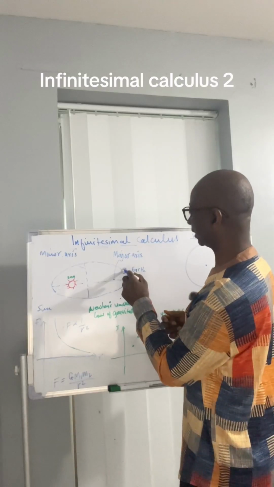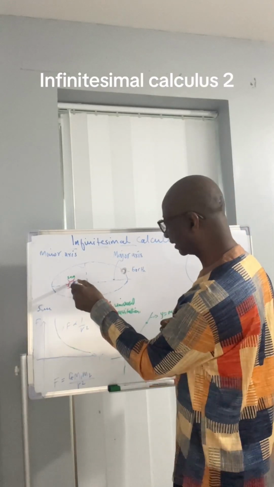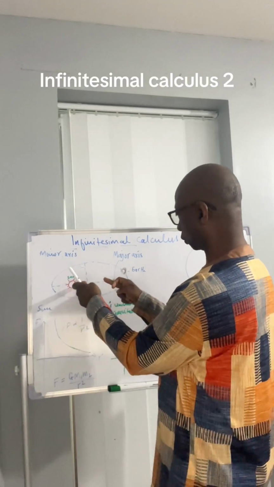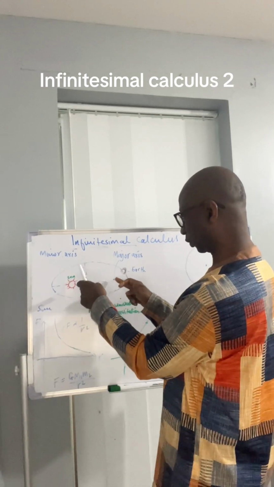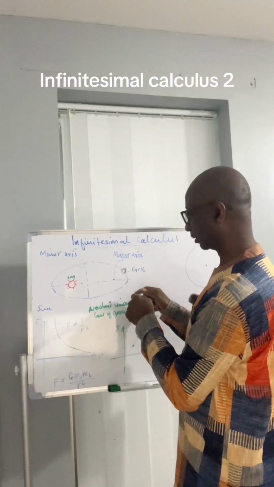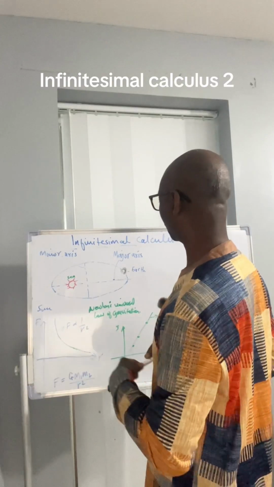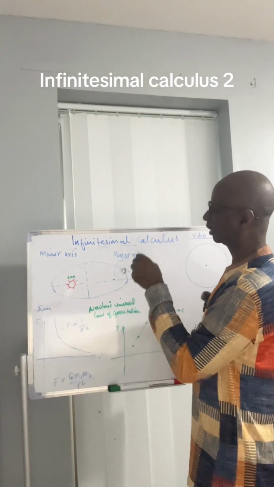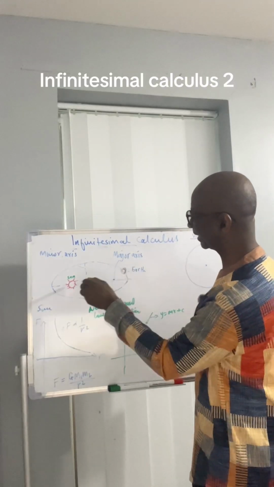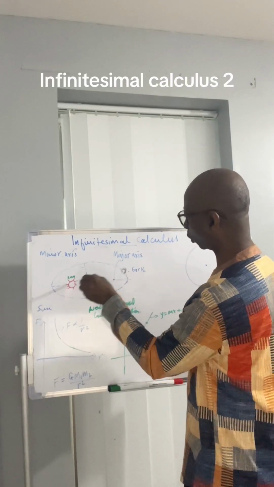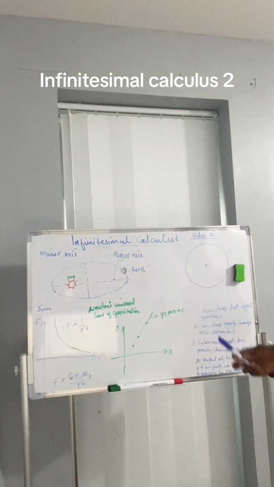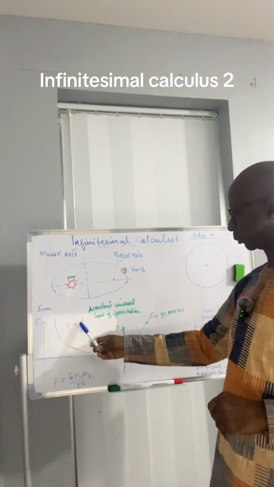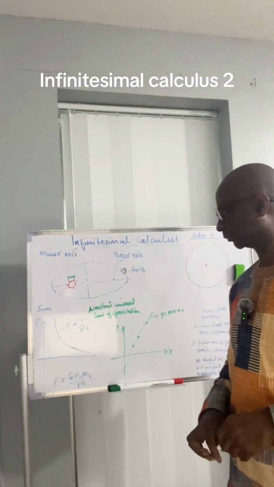That is, if this is Earth, let's say this is the Sun. The force of gravitation, according to Newton, is proportional to the product of the masses of these two and inversely proportional to the square of the distance between their centers. So that is the law he formulated. That's what you see here: F is proportional to 1 over r squared.